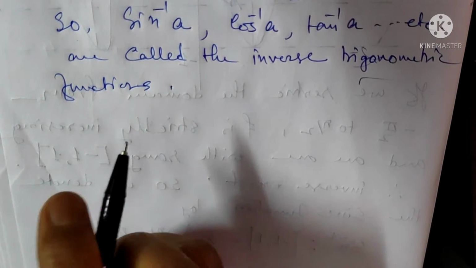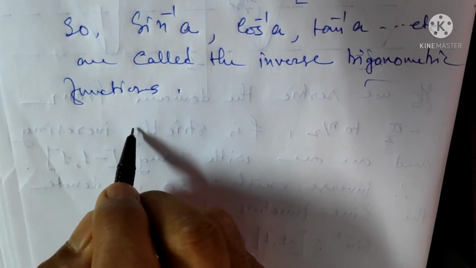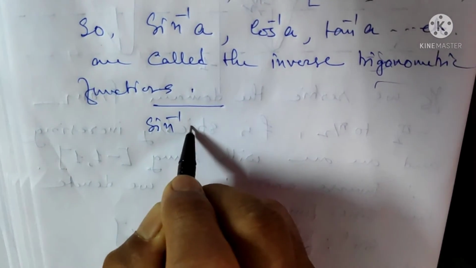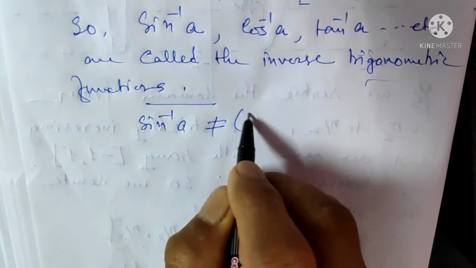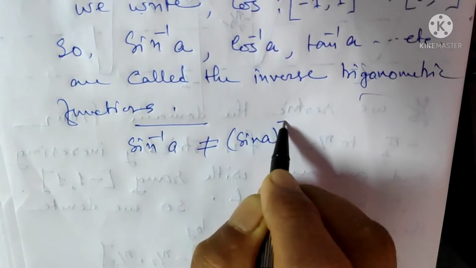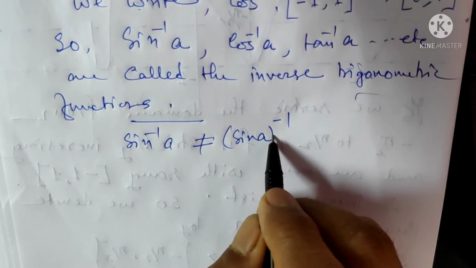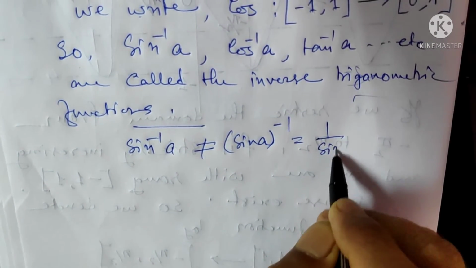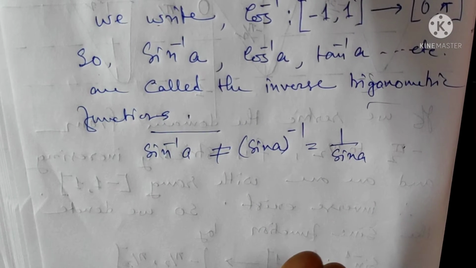We have to notice that sin inverse A is not equal to sin A inverse, which is equal to 1 by sin A. Tan inverse is like this as well.